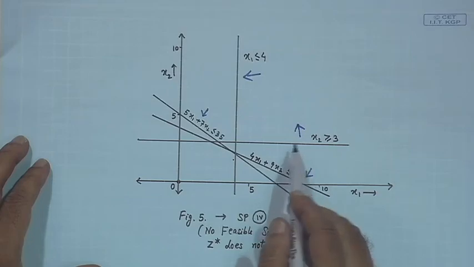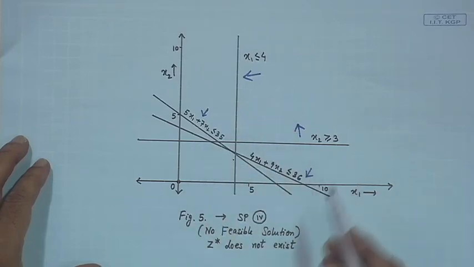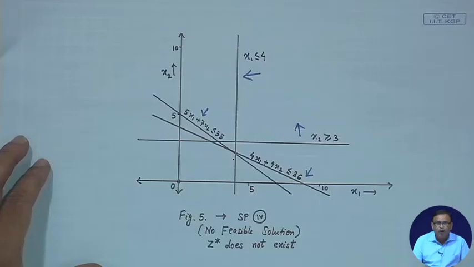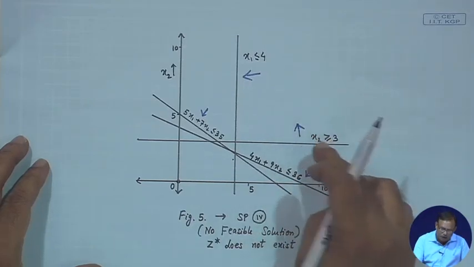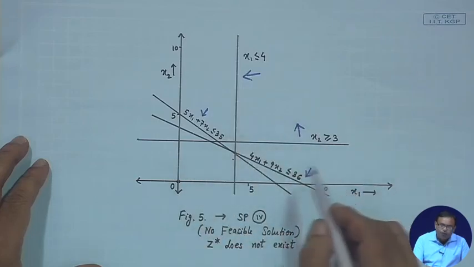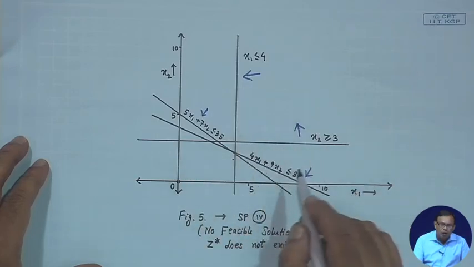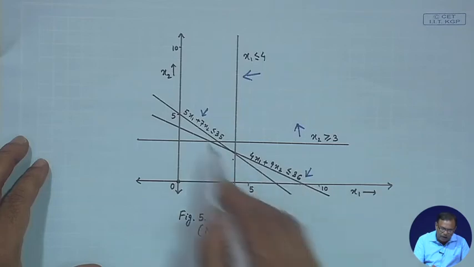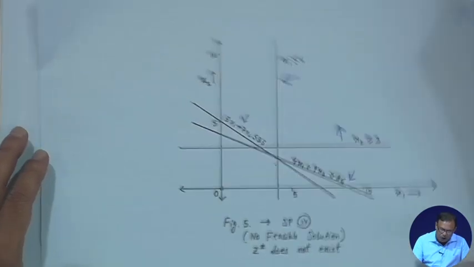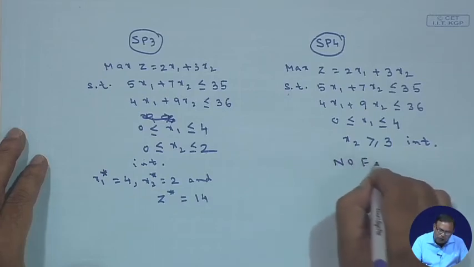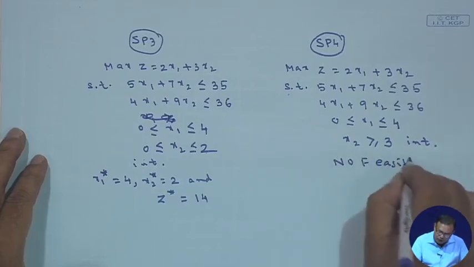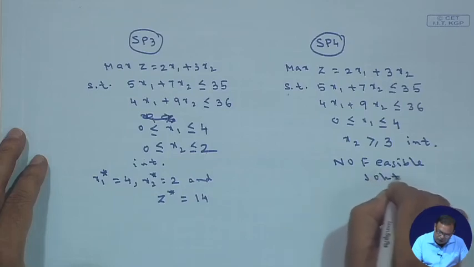So, therefore, they are not intersecting anywhere, or in other sense we can tell that this problem has no feasible solution and z star does not exist over here for this problem. Graphically it is quite clear. Just see, there will be no intersecting area among these coordinate axes and these lines. So, for this problem, no feasible solution.